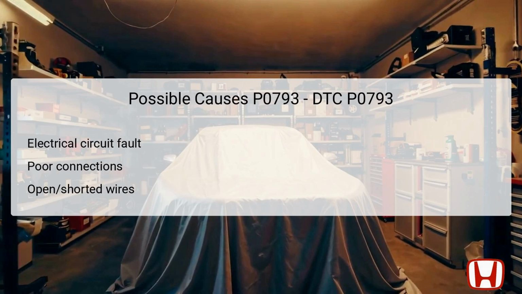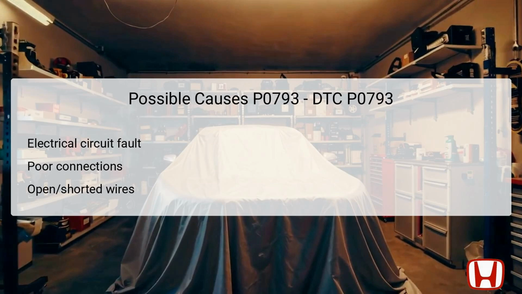Various factors can lead to the triggering of DTC P0793. First and foremost, the most common cause is an electrical circuit fault, which can stem from a break in the wiring or a malfunction in the sensor itself. Poor connections at any point in the sensor's wiring can also disrupt the signal being sent to the TCM, leading to a no-signal condition.